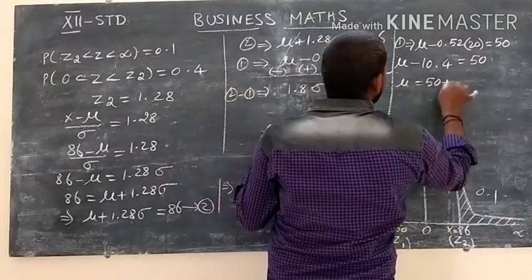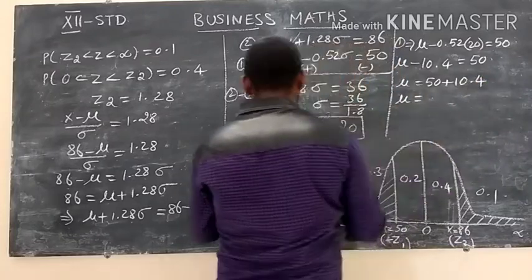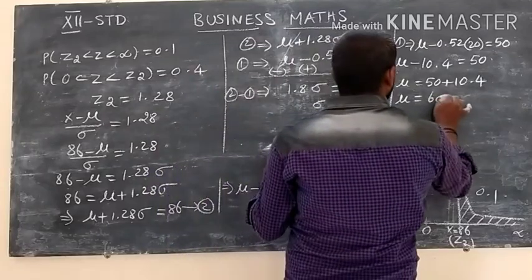So mu minus the product of 20 into 0.52, that is 10.4, equals 50. Making the transformation, we get plus 10.4. Mu is equal to 10.4 plus 50, you get 60.4.